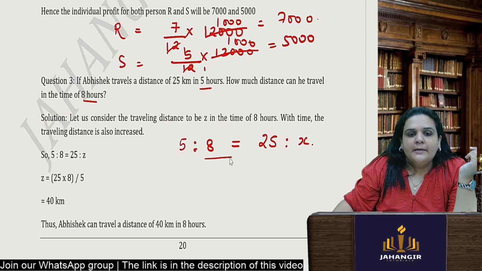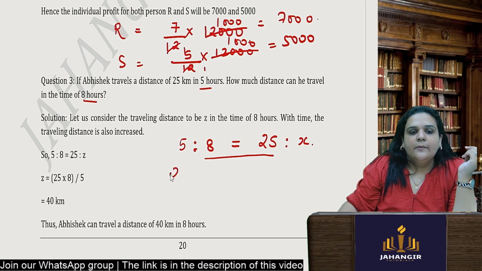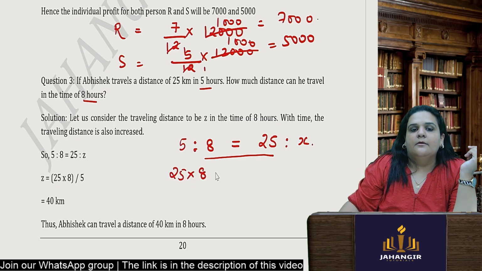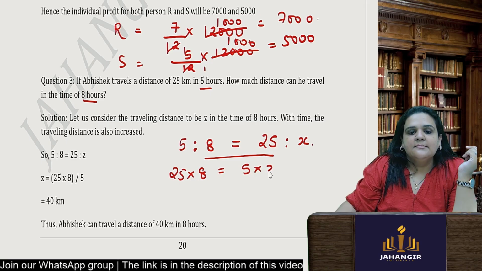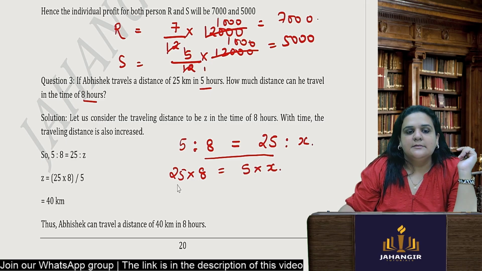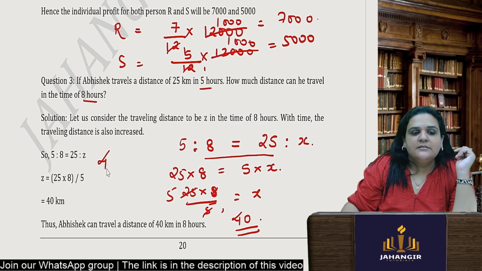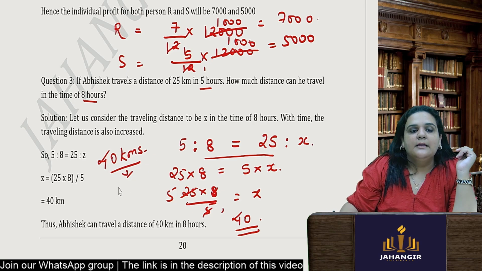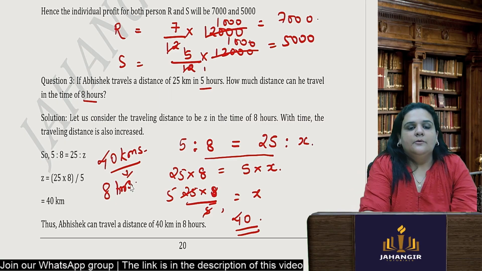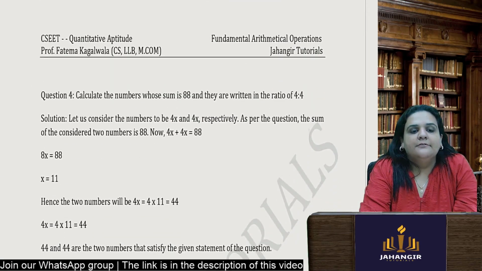So I'm going to multiply the means, 25 into 8 will be equal to 5 into x, and the extremes. So 25 into 8 upon 5 will be x. 5 ones are 5, 5 5s are 25, 5 8s are 40. So he is going to travel a distance of 40 kilometers in 8 hours.